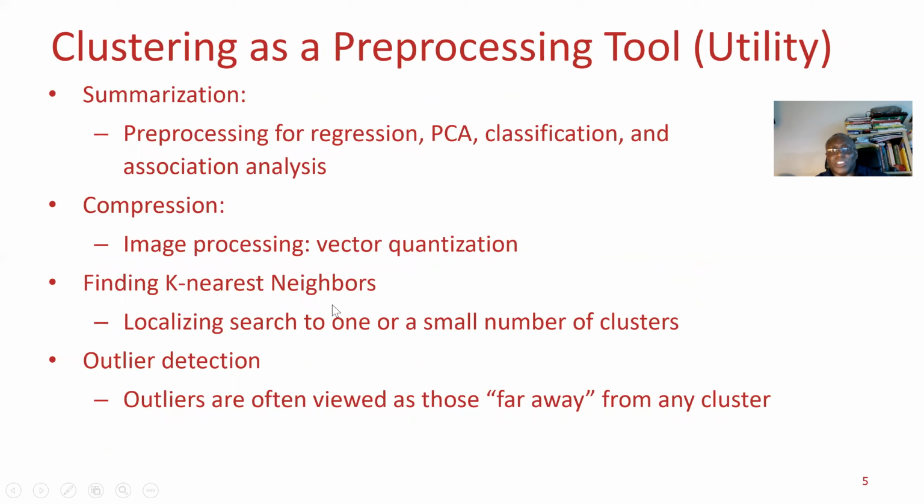Now, summarization. Pre-processing for clustering, we can use what we call PCA, that's principal component analysis. The goal of PCA is, in case we have two or more attributes whose content is similar, we can drop one or two attributes and keep only one.